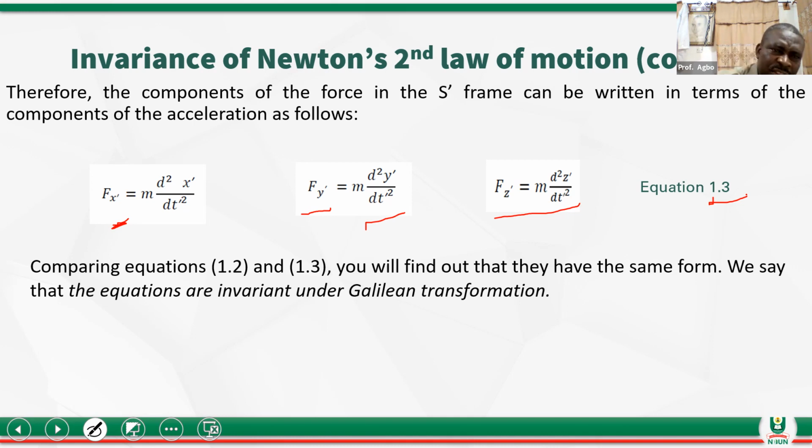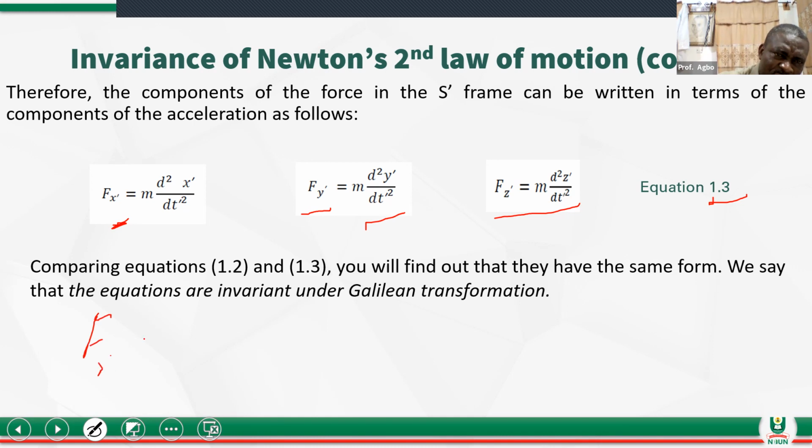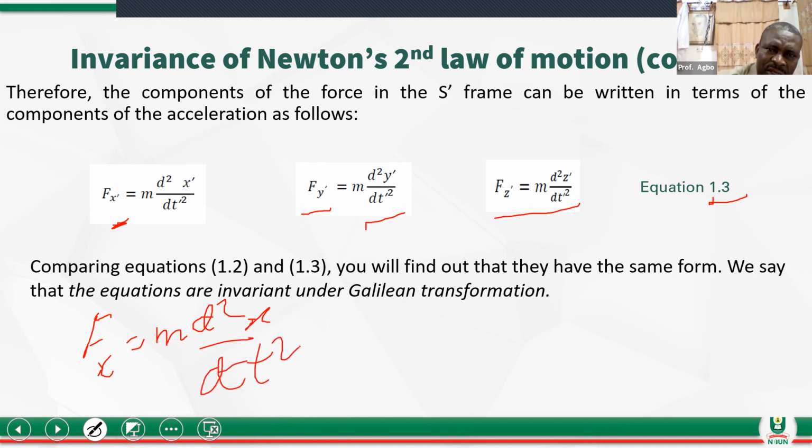Nothing changed. Remember, equation 1.2 is f of x equal to m d squared x all over dt squared. F of y is the same thing, m d squared y over dt squared.